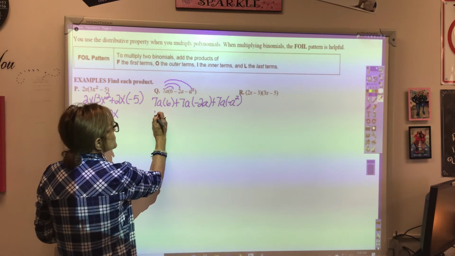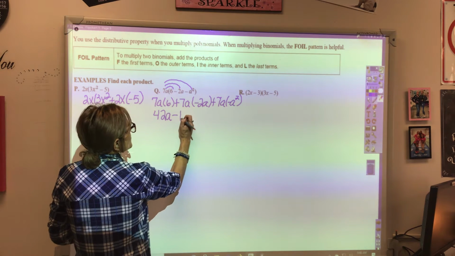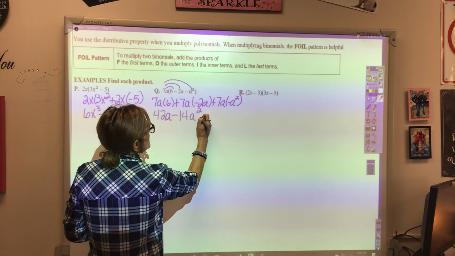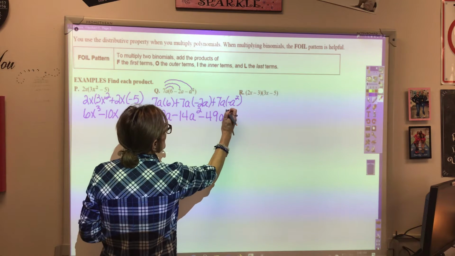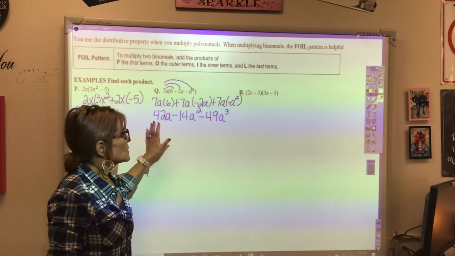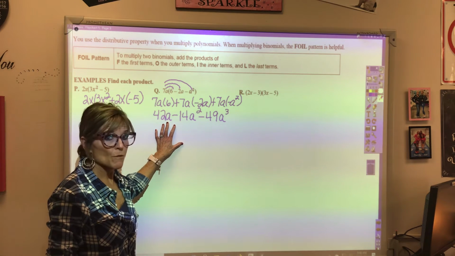That would give me 42a minus 14a squared minus 49a to the third. Now I will tell you, I would count this right, but the proper way to write this would be in descending power order.